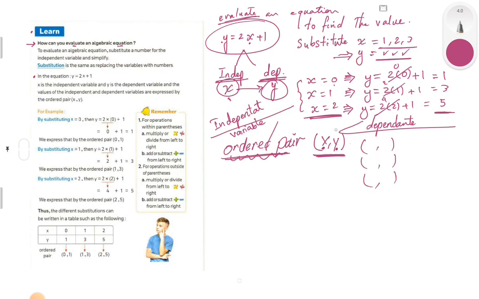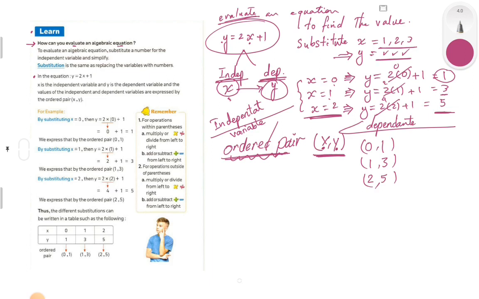When I substitute x by 0, I find the value of y 1. When x equal 1, I find y equal what? Equal 3. When I substitute x equal 2, I find the value of y equal 5.